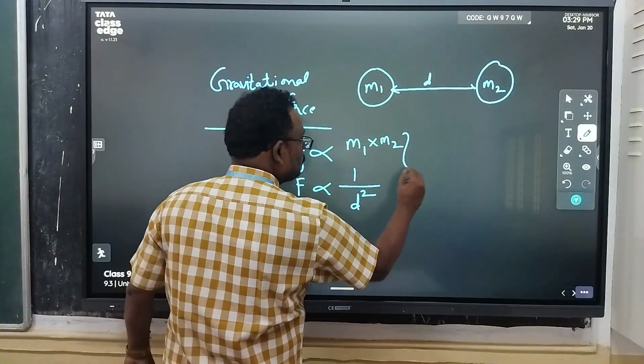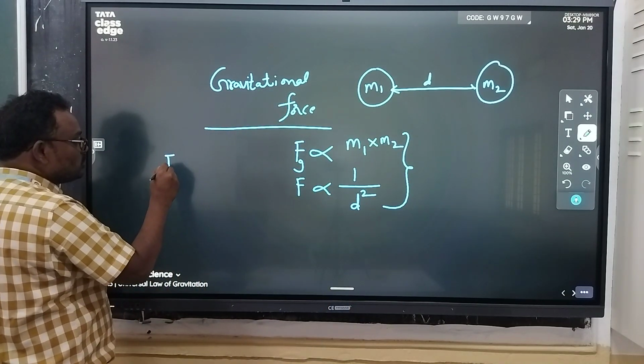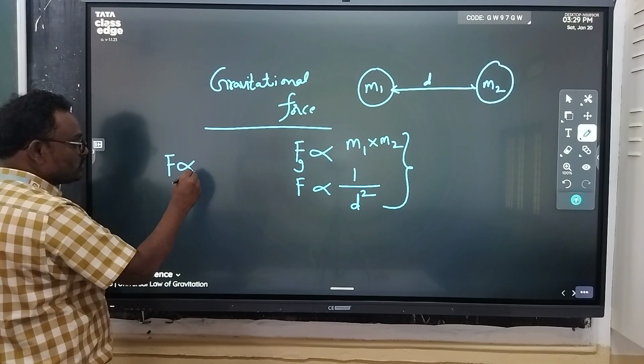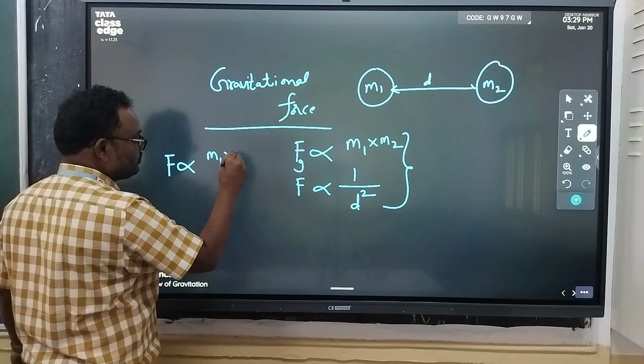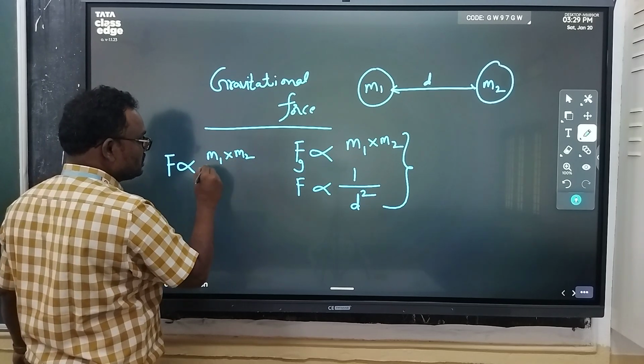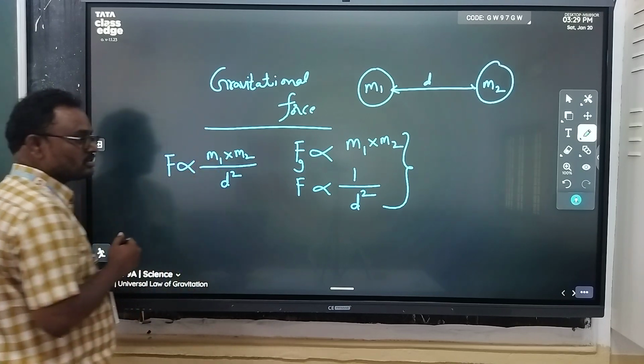So from this we can write that the universal force of gravity between any two bodies is directly proportional to the product of the masses and inversely proportional to the square of the distance.